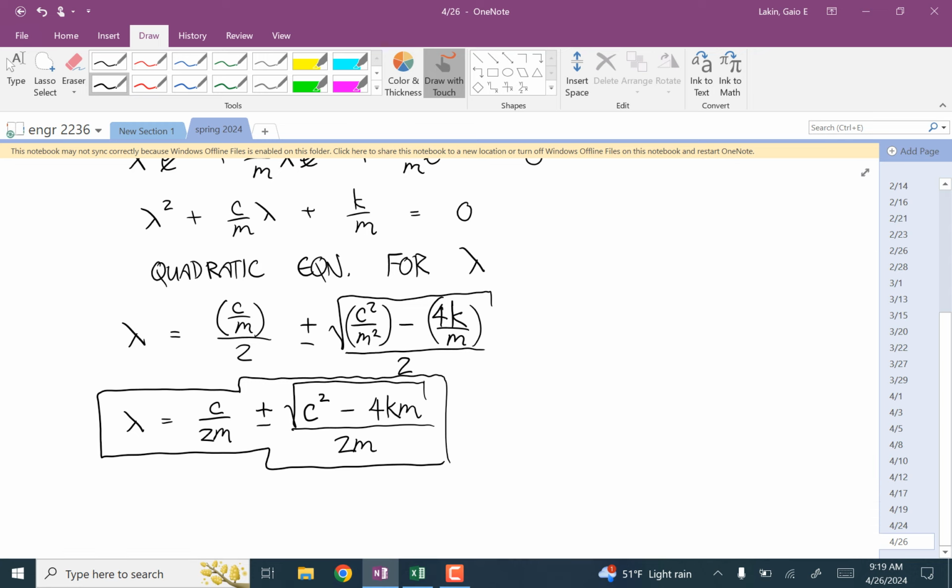And this is going to look qualitatively, fundamentally different depending on the nature of that square root term. If c squared is bigger than 4km, then this is a pretty straightforward thing, right? We have a real square root, and you just have the two roots, and then we put that into the solution.